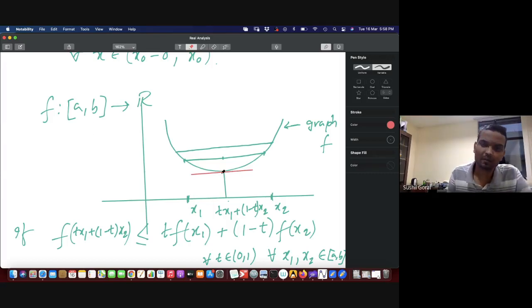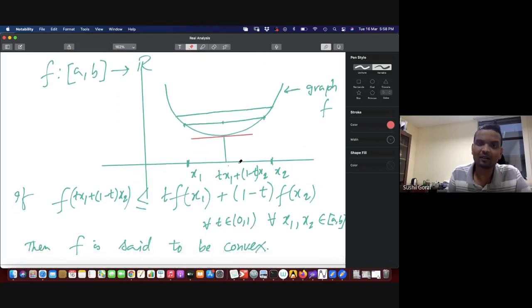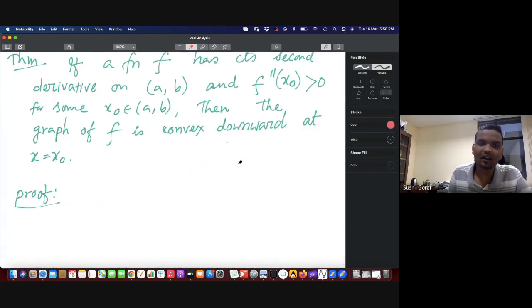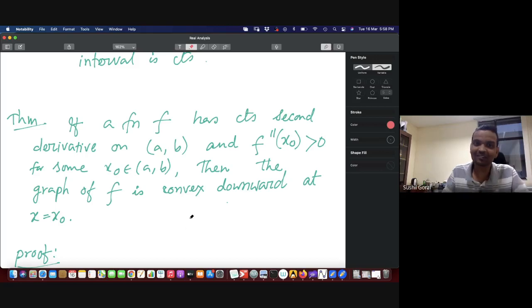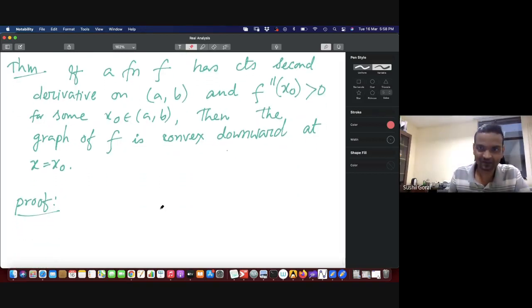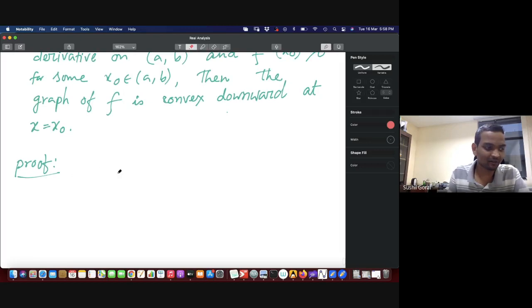Something like this. The tangent, so derivative 0 means tangent parallel to the x-axis and double derivative greater than 0, right? That will give you the minimum because it's convex downwards, something like this, right? So let's go to the proof. We'll remark later.